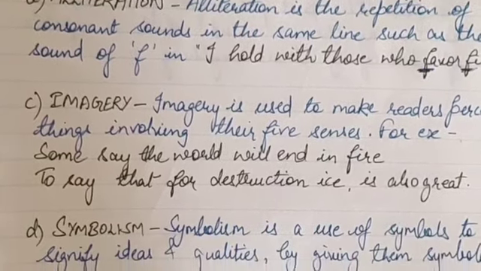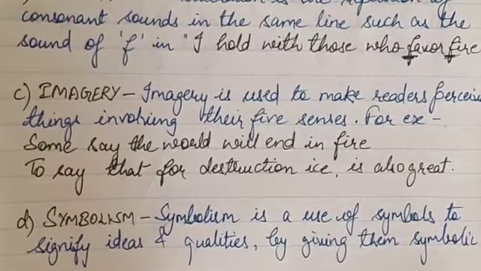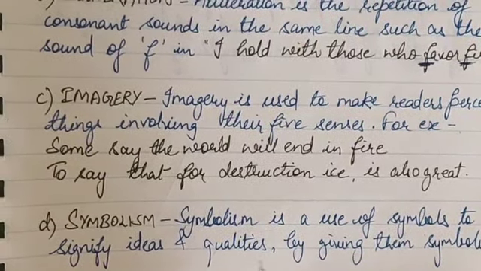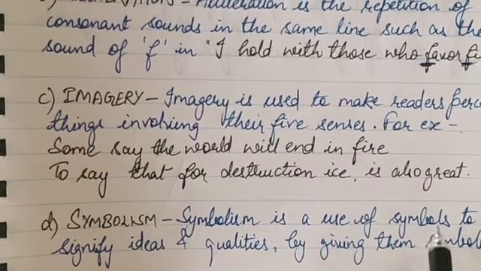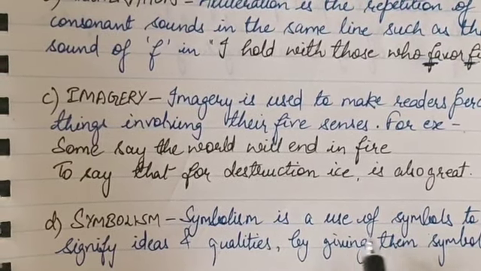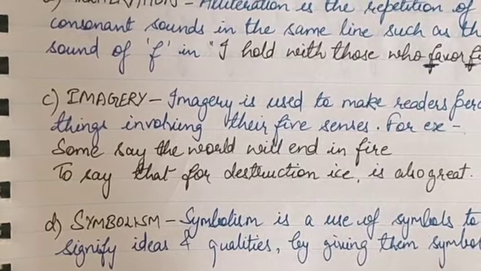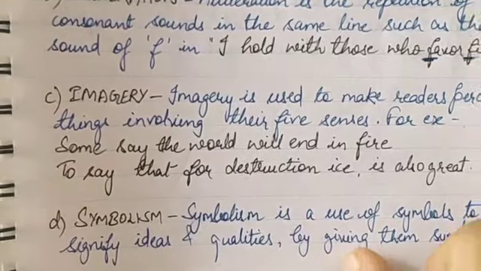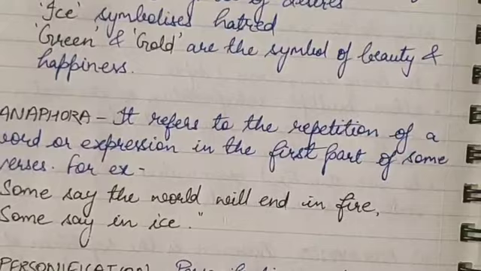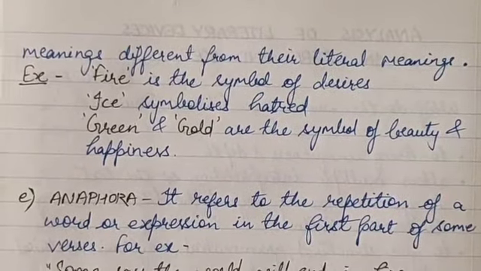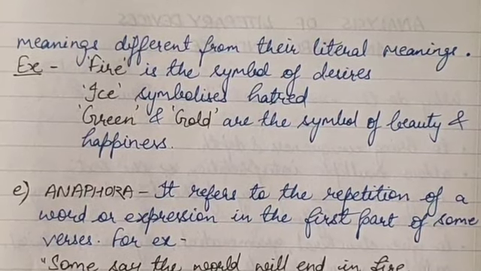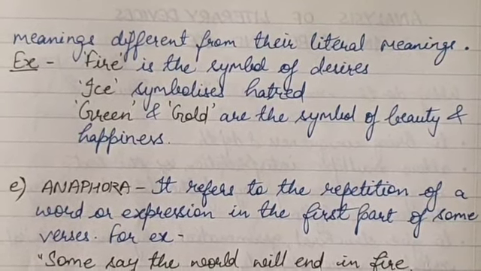Now next is symbolism. Symbolism is the use of symbols to signify ideas and qualities by giving them symbolic meanings different from their literal meaning. Why are these symbols given?